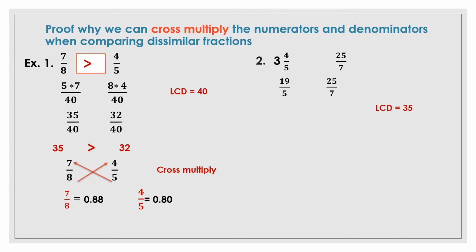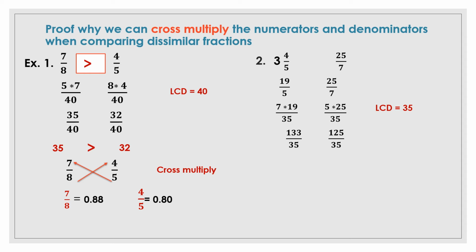Then, using the LCD, which is 35, we have this 35 divided by 5, that is 7, times the numerator, which is 19. Then dito sa kabila, we have 35 divided by 7, we have 5, times itong numerator na 25. So, 7 times 19 is 133 over 35.